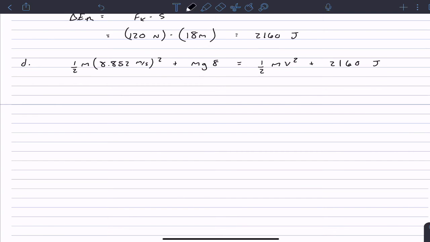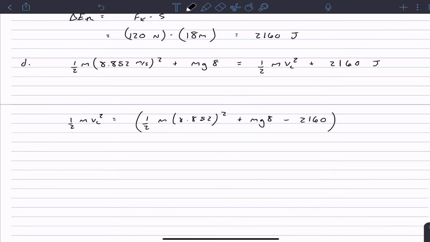Okay, and so now we want to know what the speed is. We'll call this VC, and we just solve for VC. So let's do that. So we have half mv squared is equal to half m times 8.852 squared plus mg times 8 minus 2160, right?